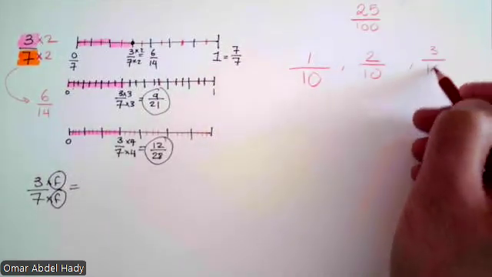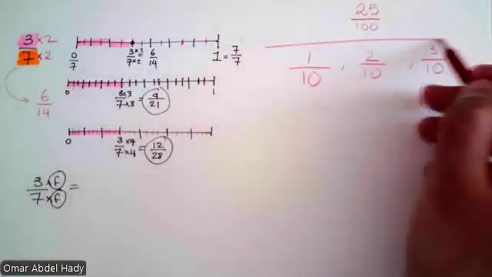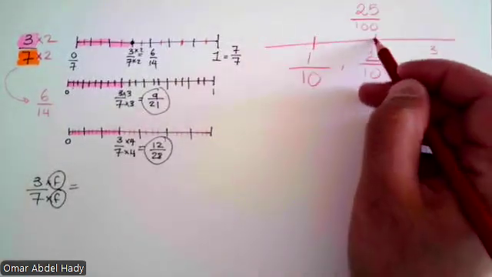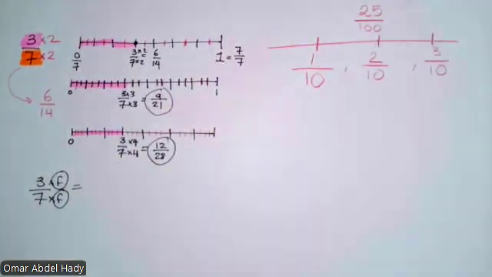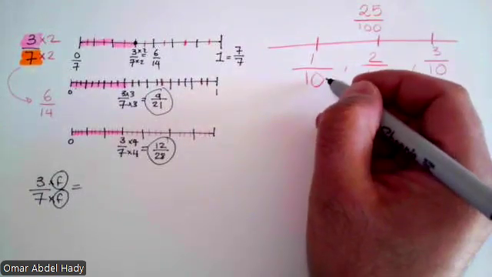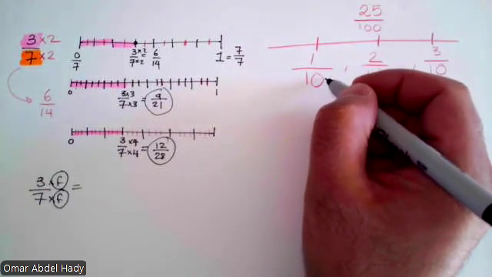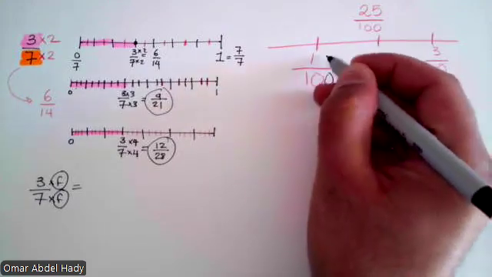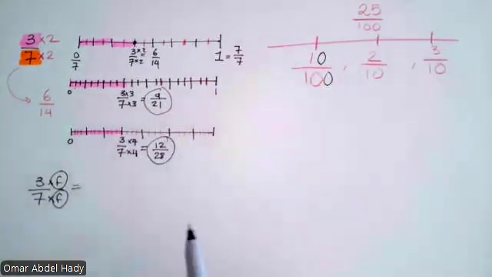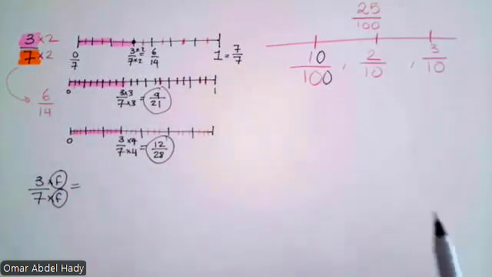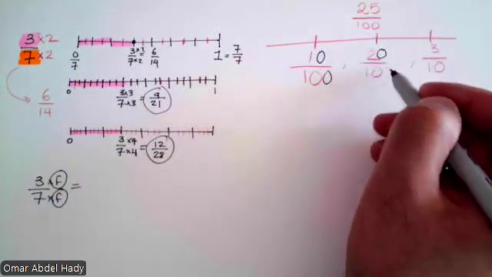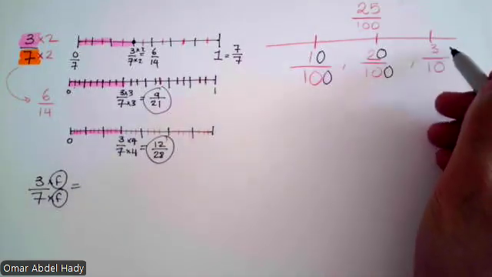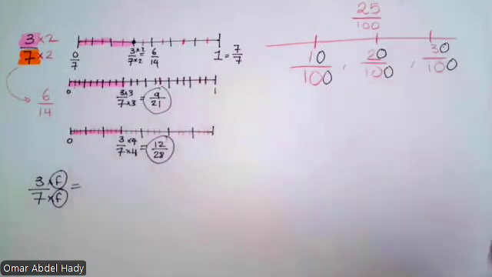So this is our number line. Now these numbers are in tenths, but we can find the equivalent fraction by partitioning each tenth 10 times. So the equivalent of 1/10 is 10 hundredths, the equivalent fraction of 2/10 is 20 hundredths, and the equivalent fraction of 3/10 is 30 hundredths.